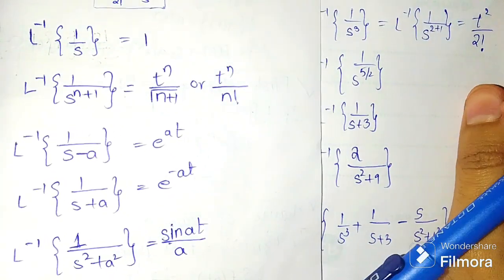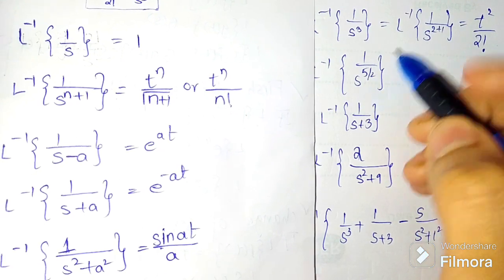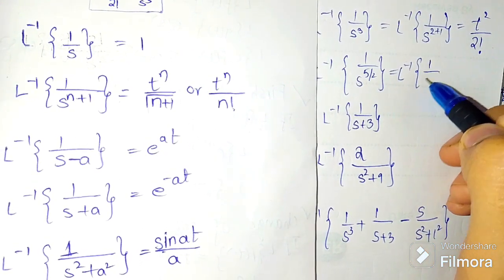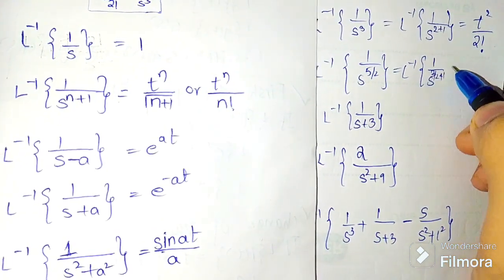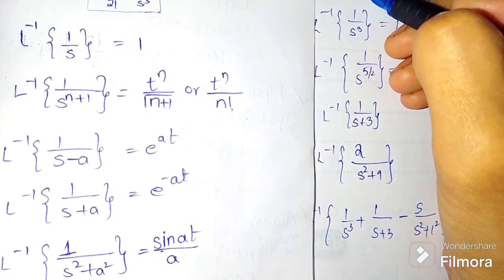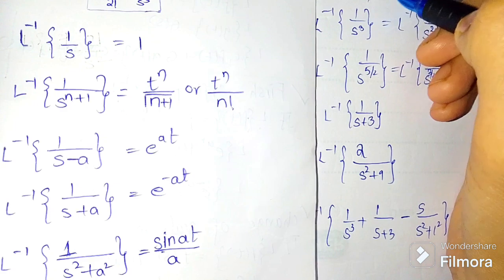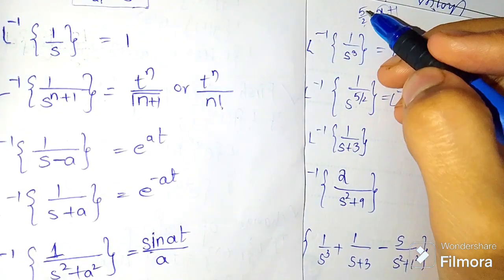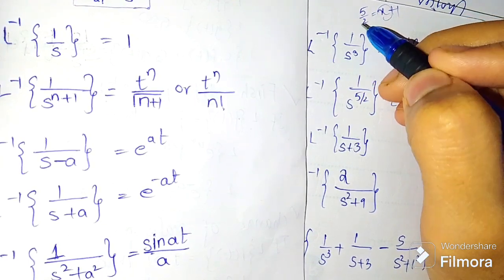Okay. Next, this one. This is a fraction, clearly, right? This also we should write in terms of n plus 1. So I'll write 1 by s power 3 by 2 plus 1. How did I write 3 by 2 plus 1? If you are confused, just write like this. See, 5 by 2 is x plus 1. Then you'll get x is 5 by 2 minus 1, which is 3 by 2.